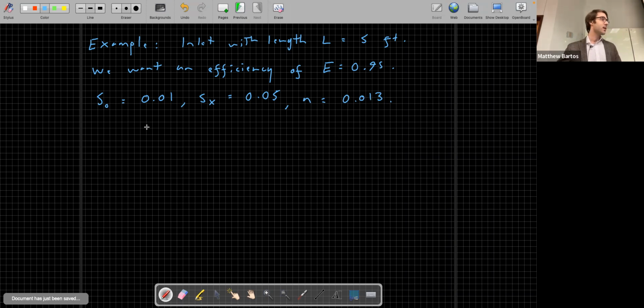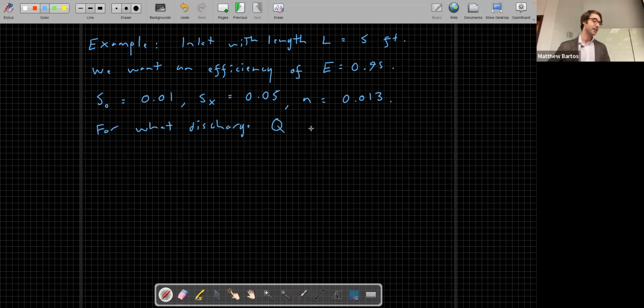Our question is, for what discharge in the gutter, Q, can the desired efficiency be achieved?